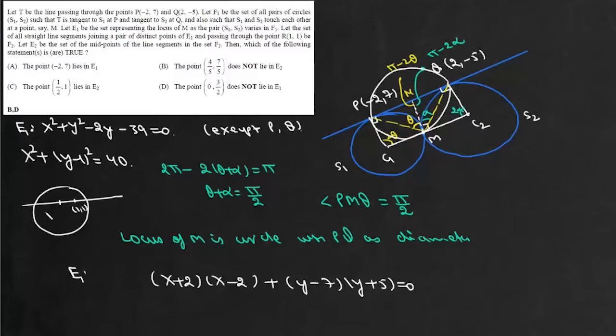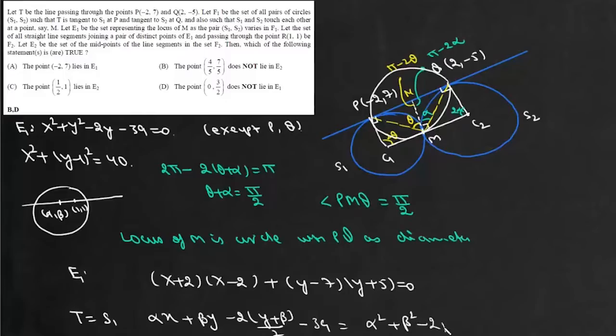Now let this point be alpha beta. We know that the equation of a chord whose midpoint is given is T equals S1. So in this case, the equation will be alpha x plus beta times y plus beta upon 2 minus 39, minus 2, and that will be equal to alpha square plus beta square minus 2 beta minus 39.